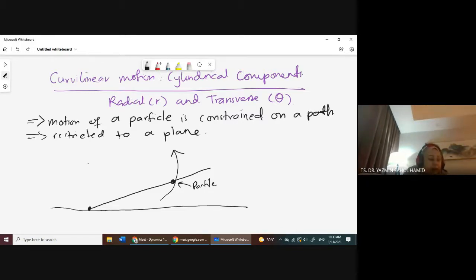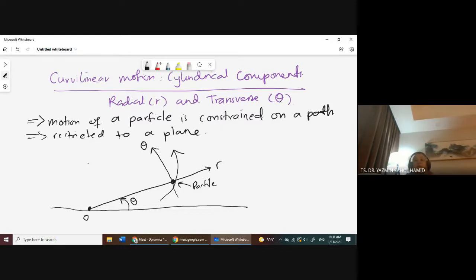The radial coordinate is r, which extends outwards from the origin O. So this one we can say is r. This is the radial coordinate. And the transverse coordinate theta, which is a counterclockwise angle from a fixed reference line, the r axis. So this is theta. Okay, and it must be perpendicular.